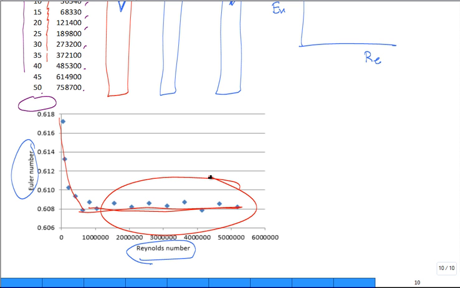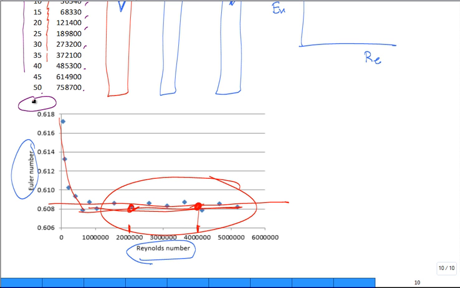So if I said it's at this Reynolds number or this Reynolds number, did the Euler number really change? No, it's the same Euler number. So can I extrapolate with confidence to a higher speed? Sure. And so a higher Reynolds number.